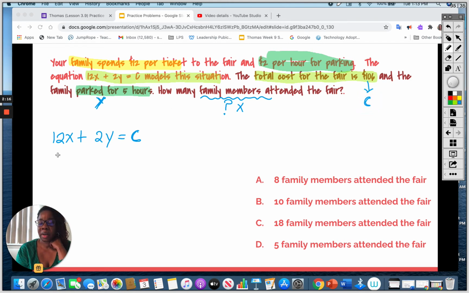So we start by replacing that. 12x plus 2y is equal to 106. We also know that y was equal to 5, so we're going to replace the y with 5. 12x plus 2 times 5 is equal to 106.